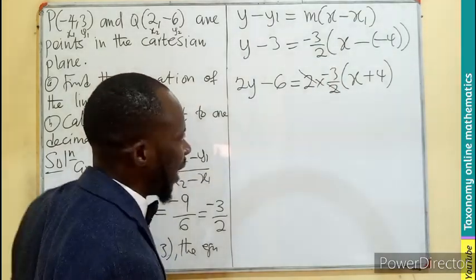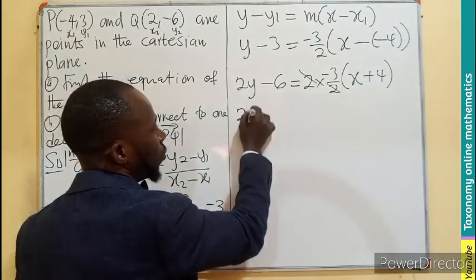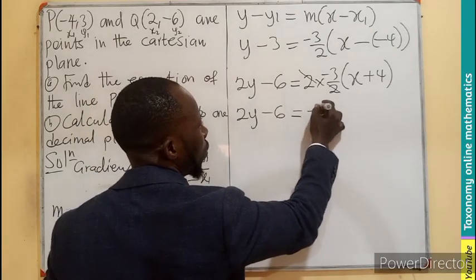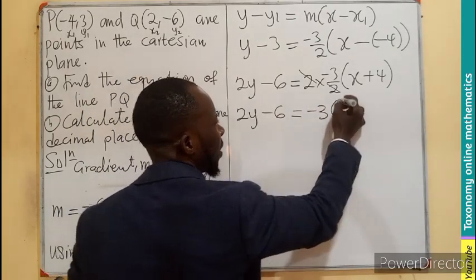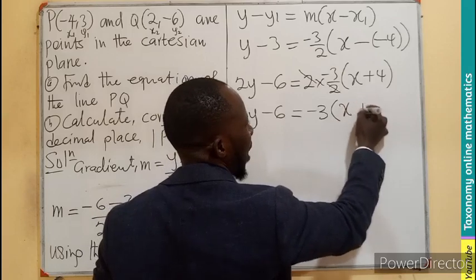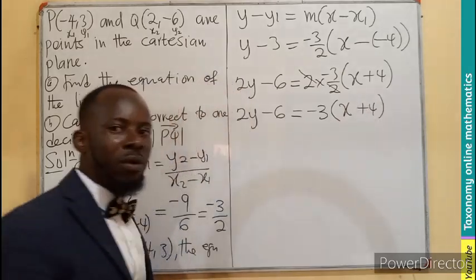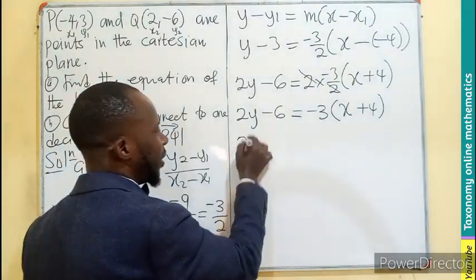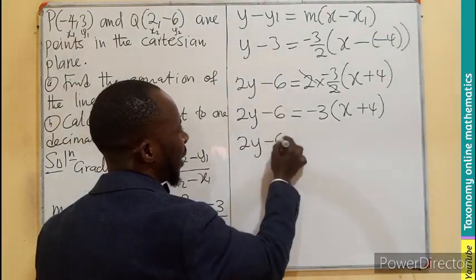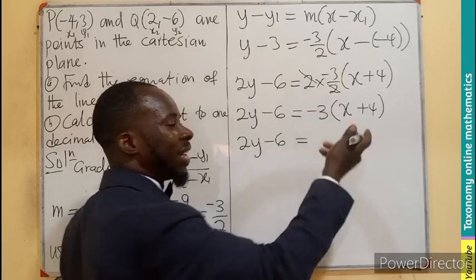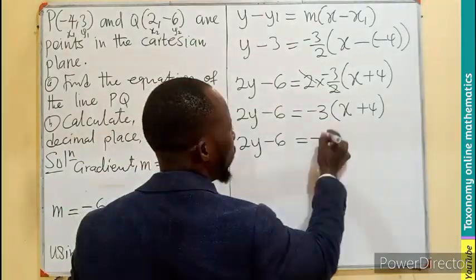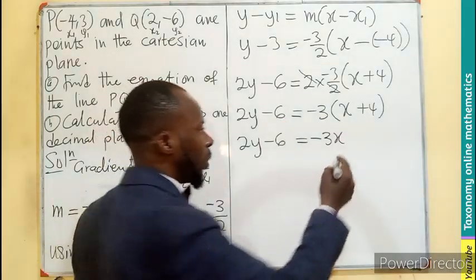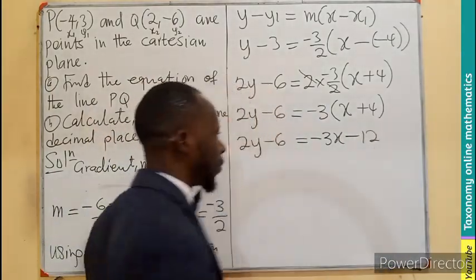Then I will be left with 2y minus 6 equals minus 3 times x plus 4. We need to expand that bracket also. So this will still maintain 2y minus 6, then minus 3 times x gives you minus 3x, minus 3 times 4 will give you minus 12.